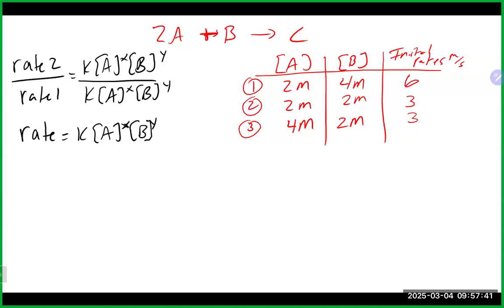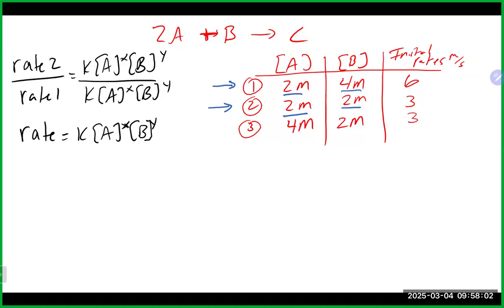So the idea is to have just one that's different, and that will only give you one unknown to solve for. So for example, if I look at experiments 1 and 2, we would see that the concentration of A stays the same, but the concentration of B actually varies. And that would be good here.